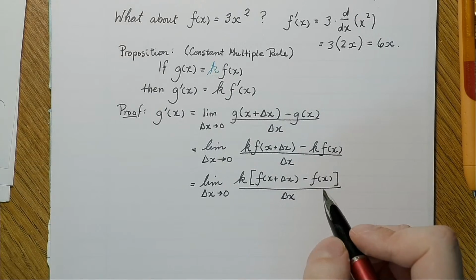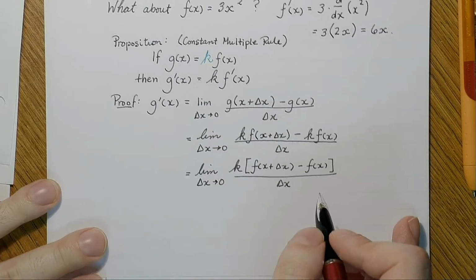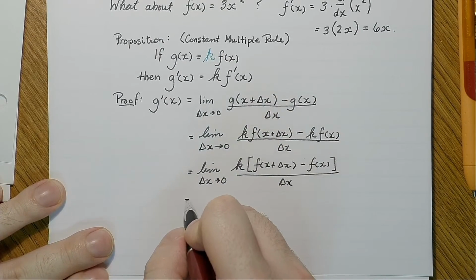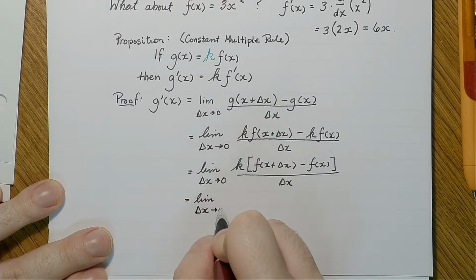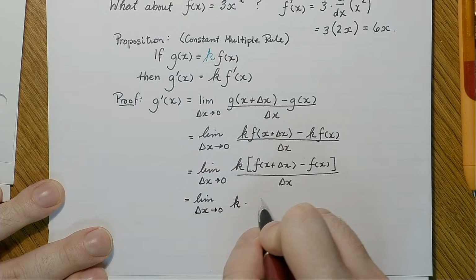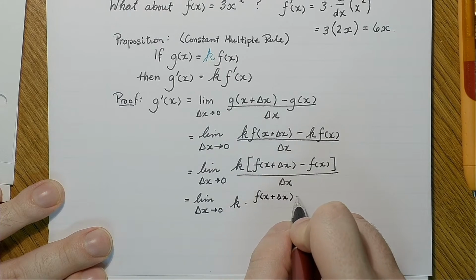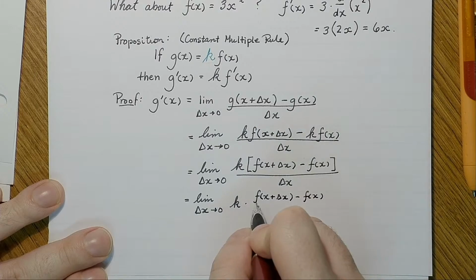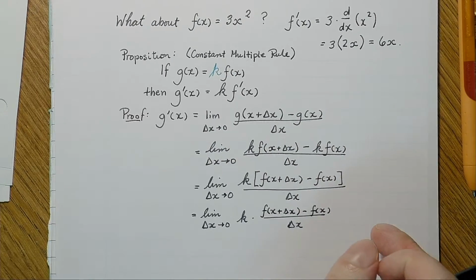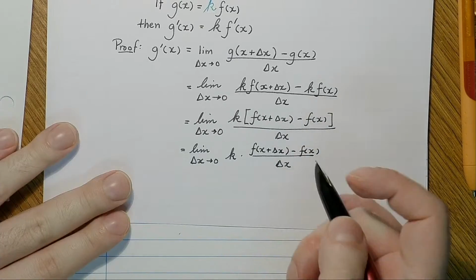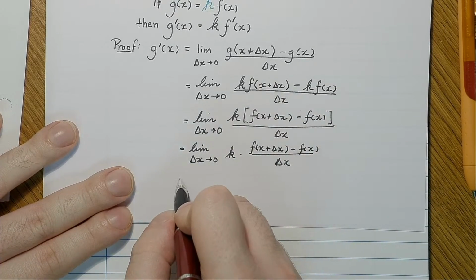Okay. And in fact, just to make this a little bit more clear, I'll write k times, and now I have this. And as Maple has already mentioned in the chat, I have a product here.